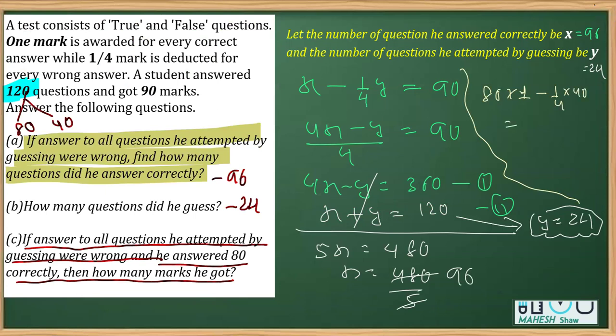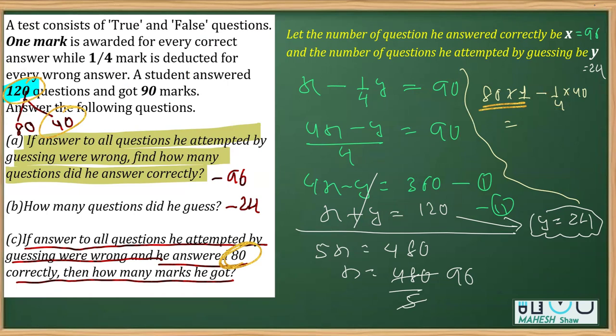I should explain this once again. We have 120 questions altogether and he has done 80 questions correctly. That's why he is getting 1 mark for each, so it's 80 into 1. But the remaining, 120 minus 80, that is 40, he answered by guessing, and these answers are wrong. Therefore, 1/4 is deducted.